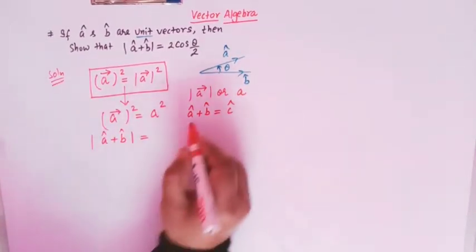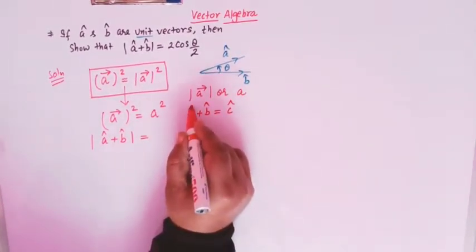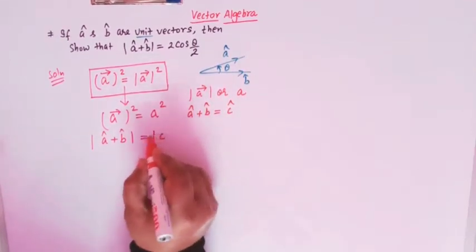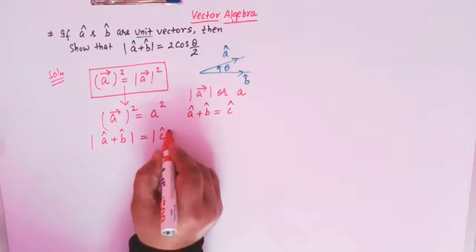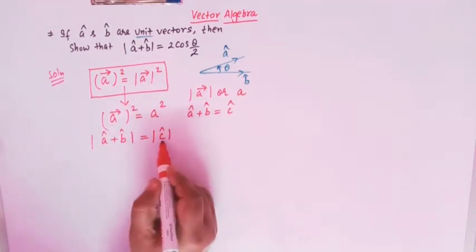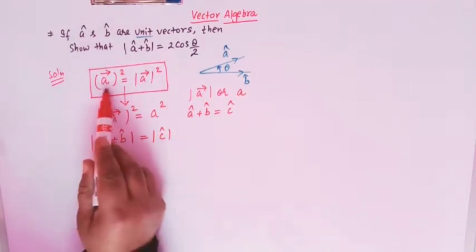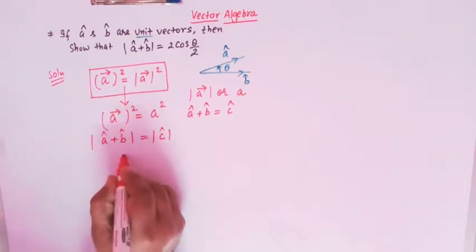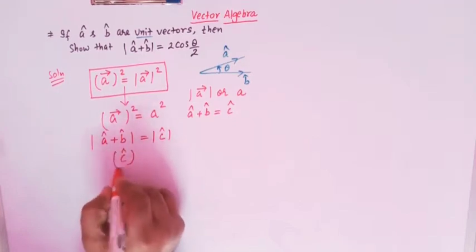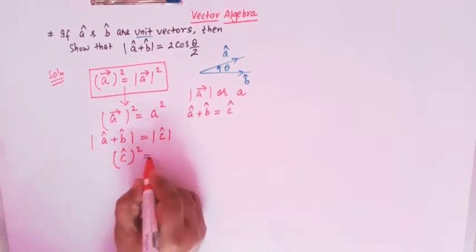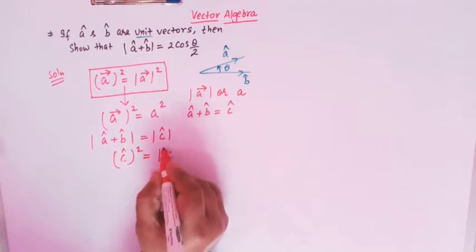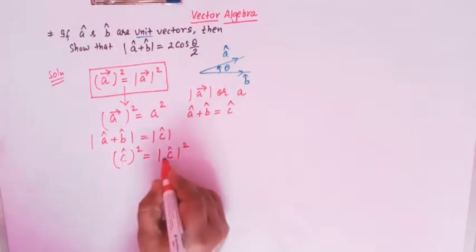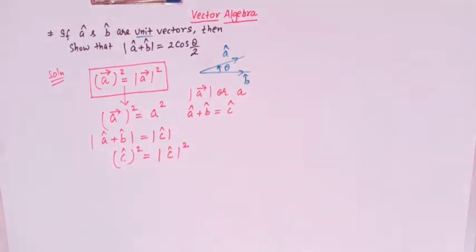Then we have the magnitude of c cap, and if we apply this rule to c cap, we can write the square of c cap is equal to the square of the magnitude of vector c cap.